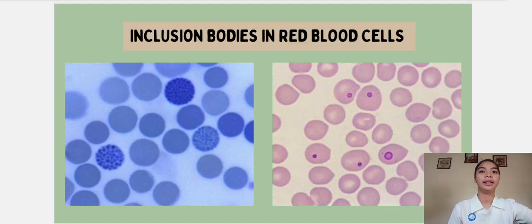So we have here inclusion bodies in red blood cells, and these are both cytoplasmic inclusions, because we know a mature red blood cell has no nucleus. But we have different stains here. One is a basophilic inclusion and one is an acidophilic inclusion.